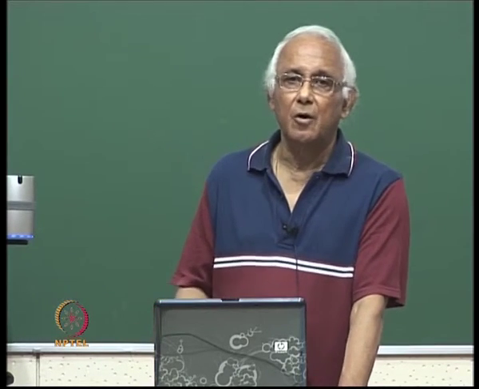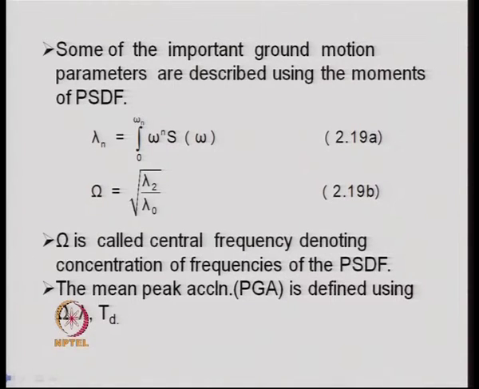Next, for many calculations, we require the moments of the power spectral density function of the ground motion. Now, the nth moment of the power spectral density function is defined as omega to the power n multiplied by S omega d omega.